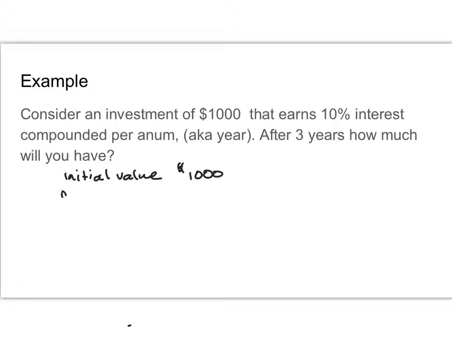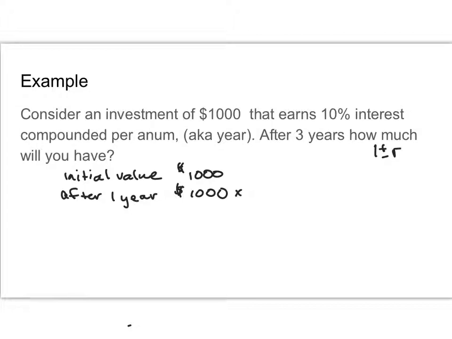Then after 1 year, we have $1,000, and then we multiply that by 1 plus or minus the rate. 1 plus or minus our rate in decimal.